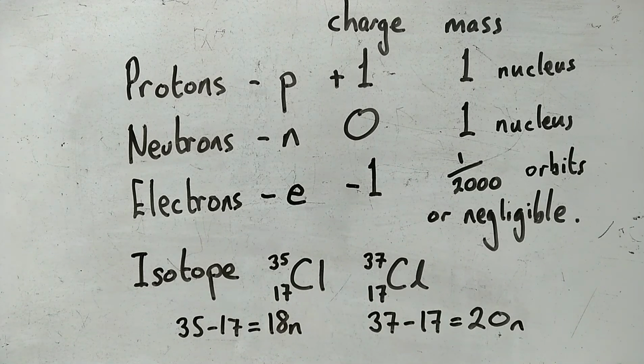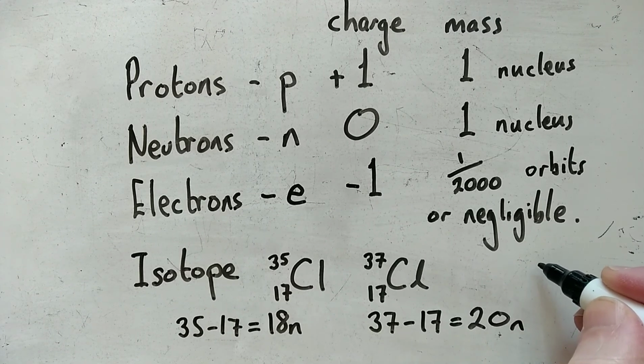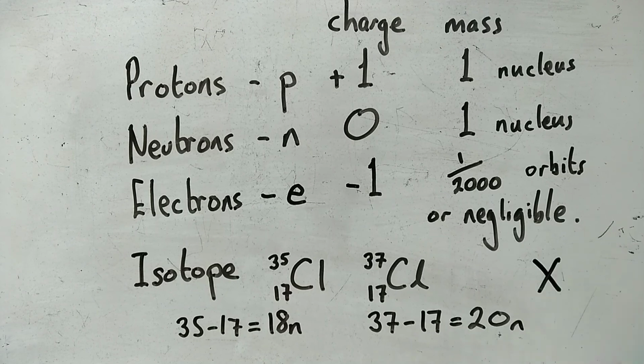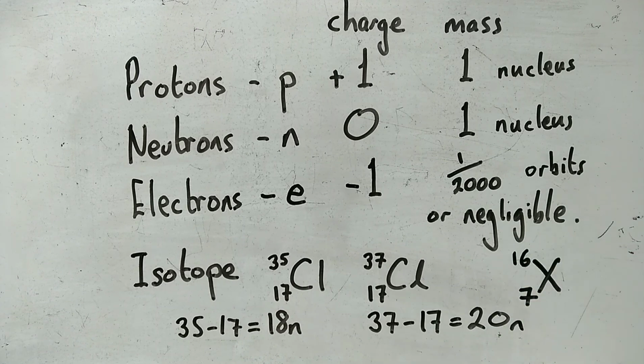So, for example, if you had something like this and you didn't know what the element was, I'm going to give it the letter X, but you know that the bottom number is 7, then you know that this element should be nitrogen. You look it up in the periodic table. Now, nitrogen has a bottom number of 7 and a top number of 14.